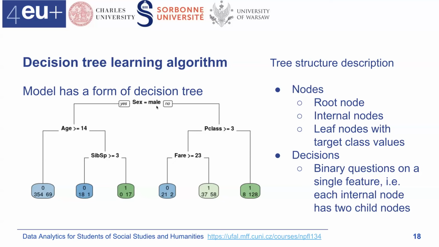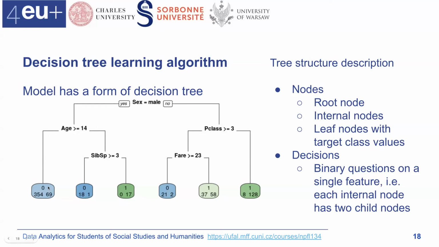So the very first question or decision the model has learned concerns the sex of a passenger. If it is a male, then the decision on the age follows, namely whether the passenger is older than 14.